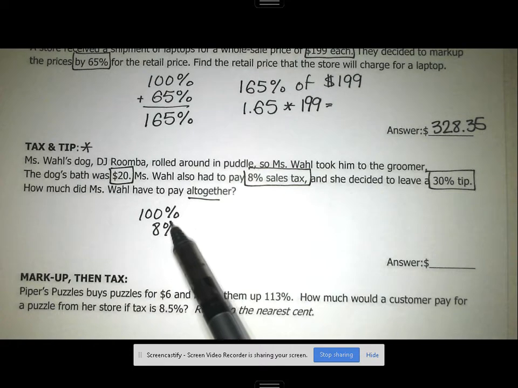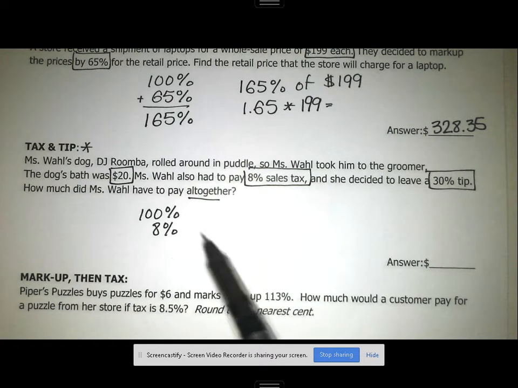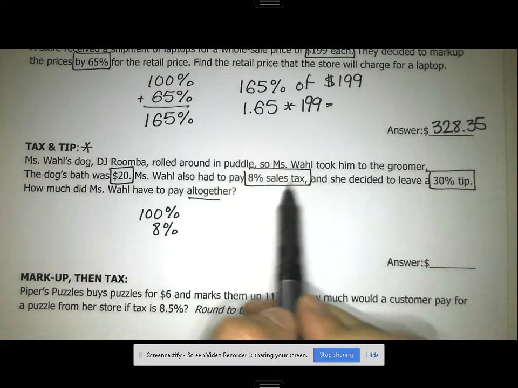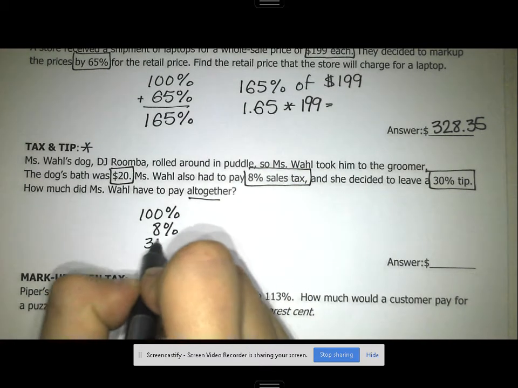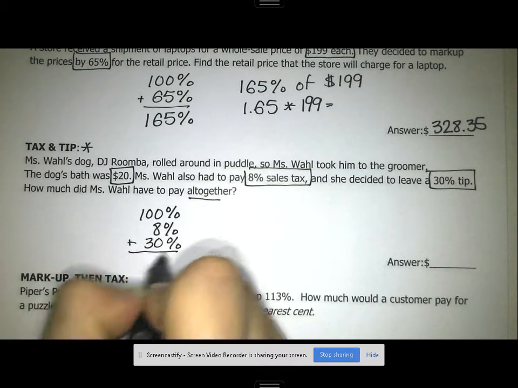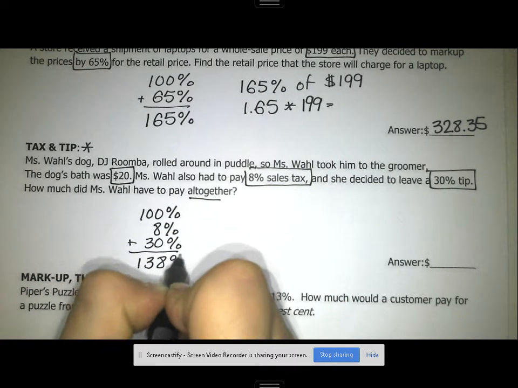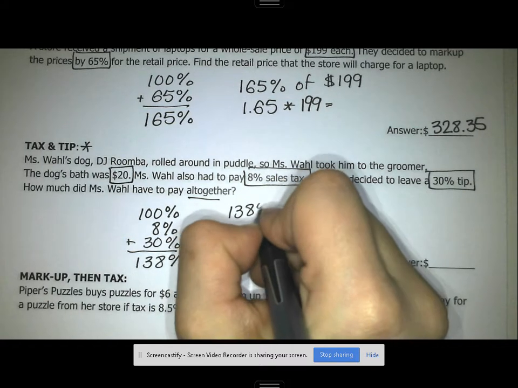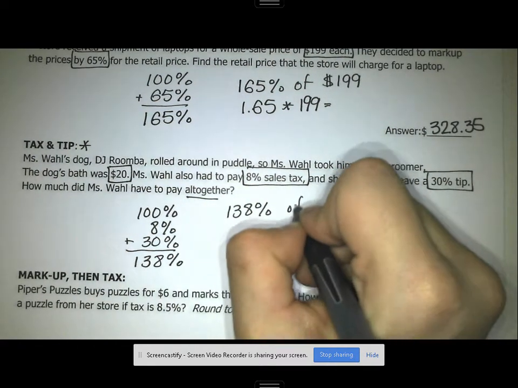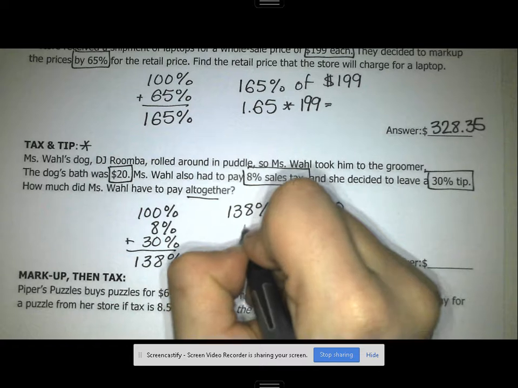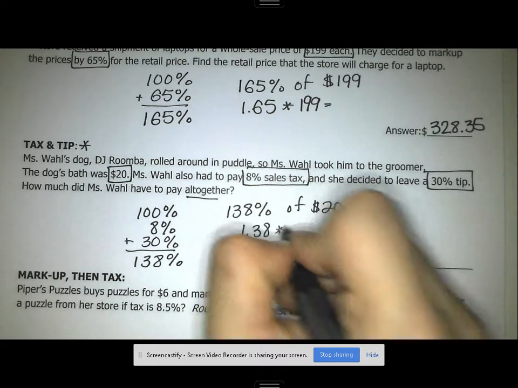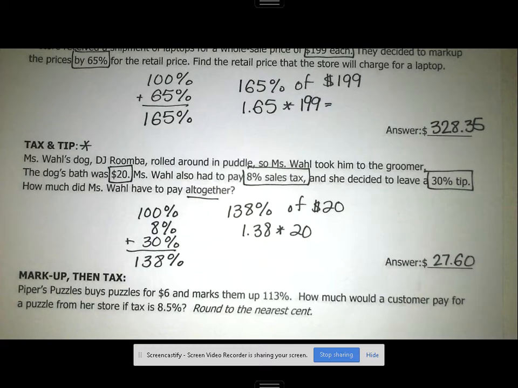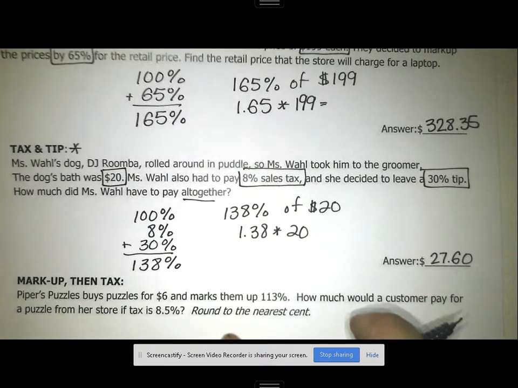So you don't want to find out how much it is with sales tax and then use that amount to calculate tip. When it's tax and tip, you can add all three percentages together because they don't build off of each other. And then you're just going to have to find out what is 138% of $20. In other words, what is 1.38 times $20? And you'll get $27.60.